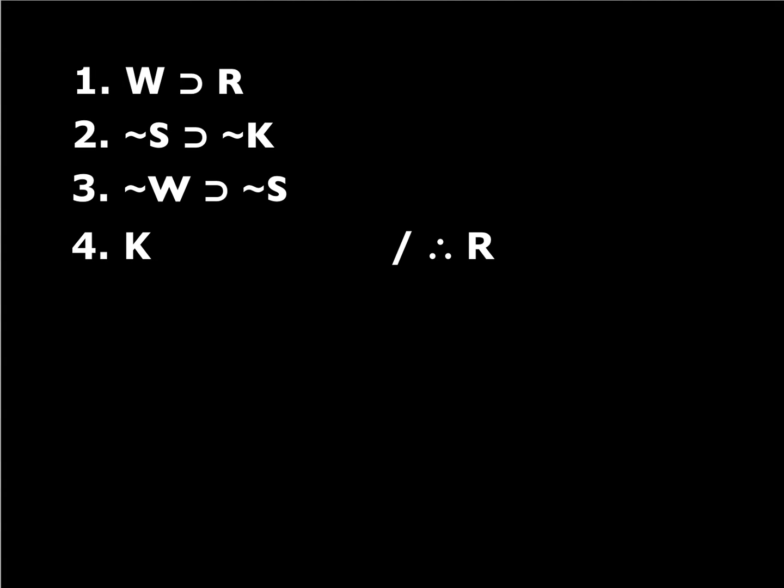All right, let's see some examples. Now we've got 4 rules to work with. So here we have 4 premises. The conclusion we're trying to get to is R. Well, let's take a look and see what we could do. First off, we can apply DI, Disjunction Introduction, anytime, because we've got 4 statements here.